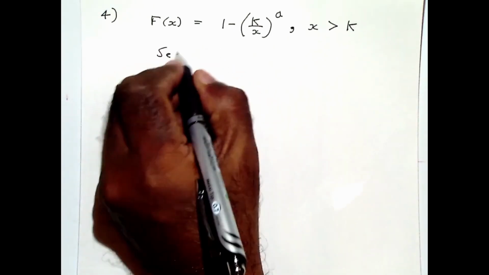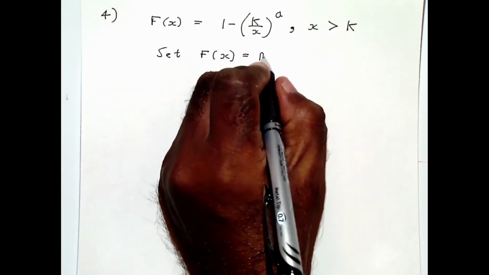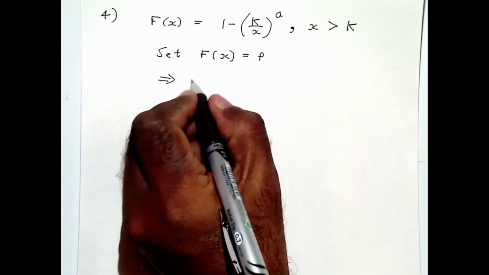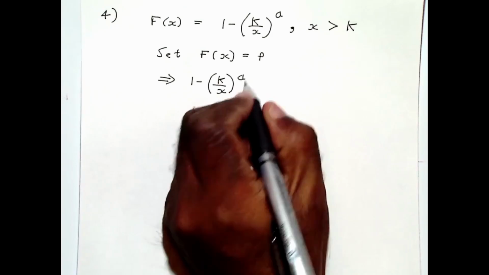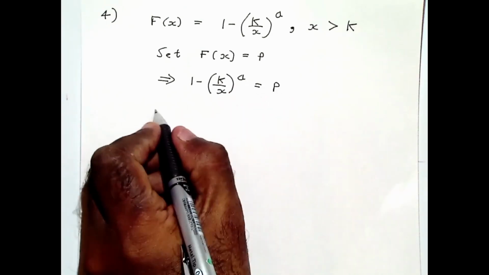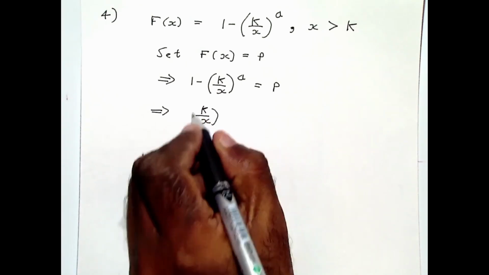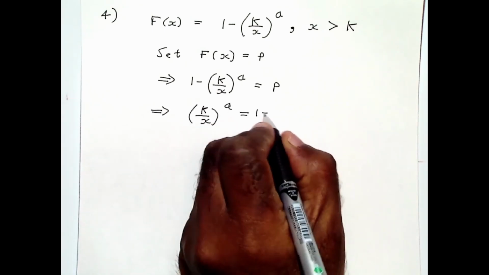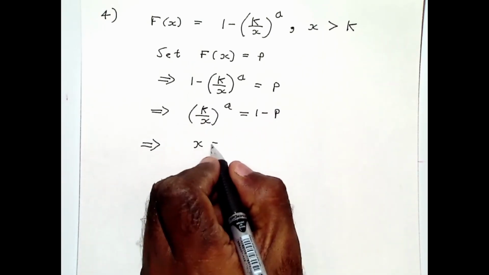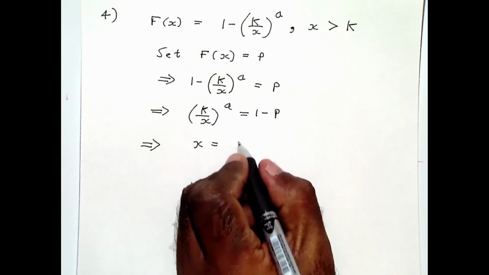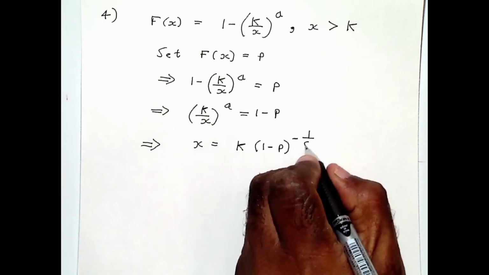So to find the VaR, you set the CDF equal to p, which implies that this is equal to p, and this implies that k, okay, so this implies that x is equal to k times 1 minus p to the power minus 1 over a.